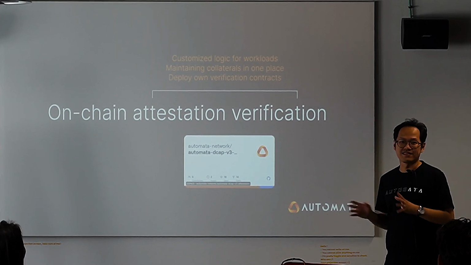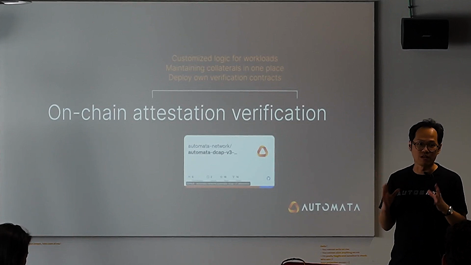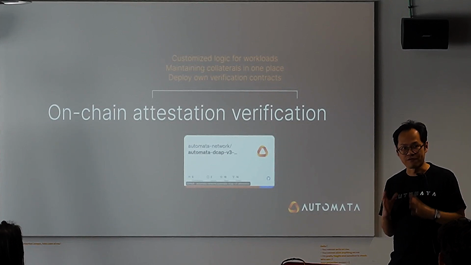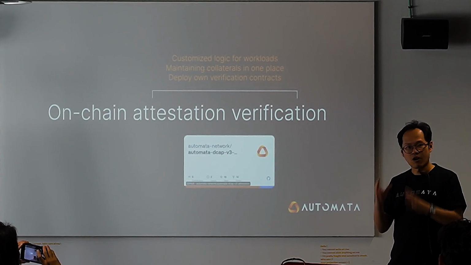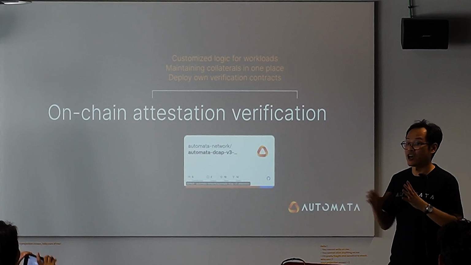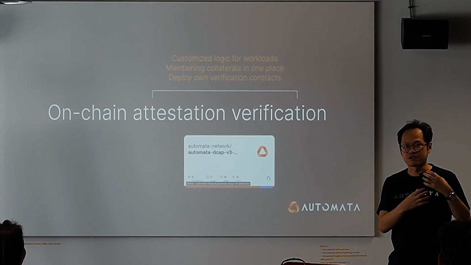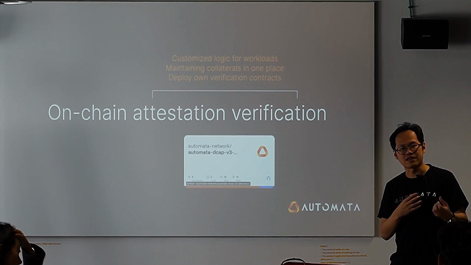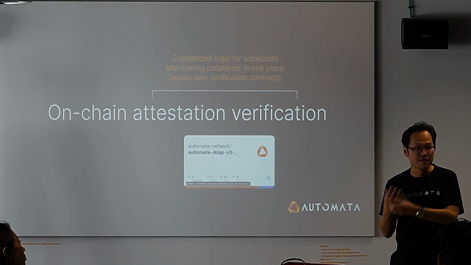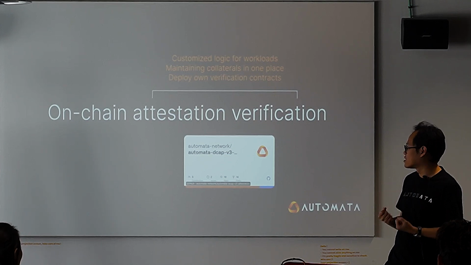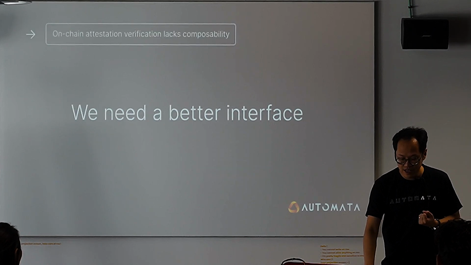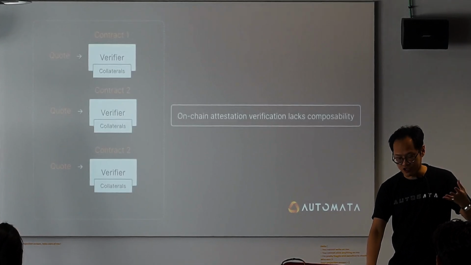What it does is we have implemented all the logic of the report verification on chain. Of course, the assumption is that during the generation of the report, the collaterals are available to the users, and any missing collaterals will have to be placed onto the contract itself.